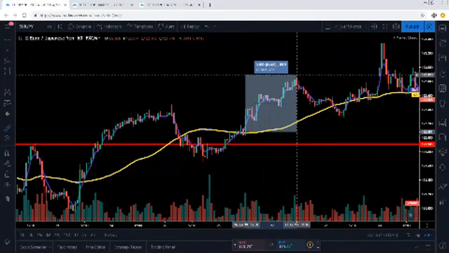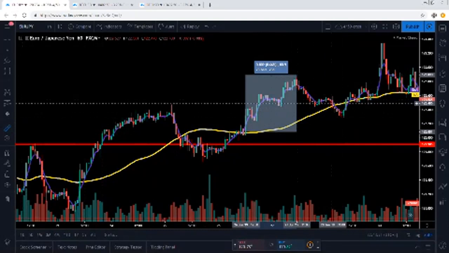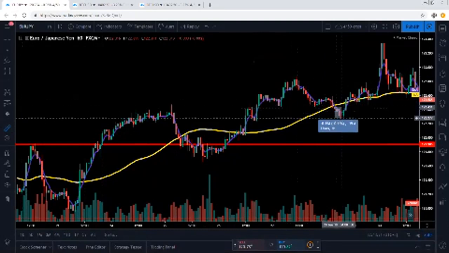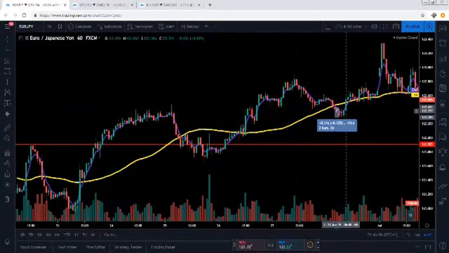Let your trailing stop be on. This one, you probably didn't get the pips, 15 pips. But if you had your trailing stop on, you would have stopped out in profit.